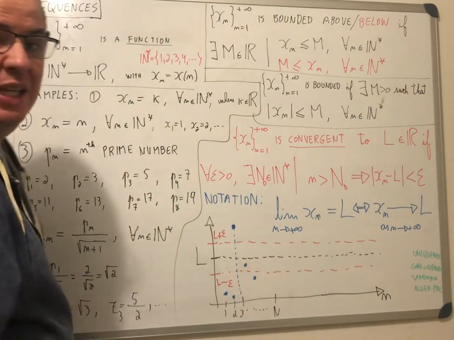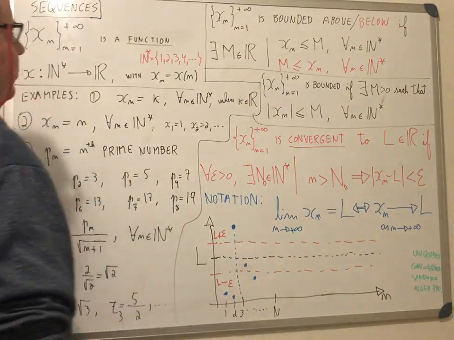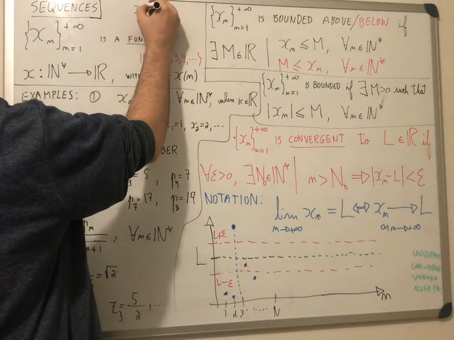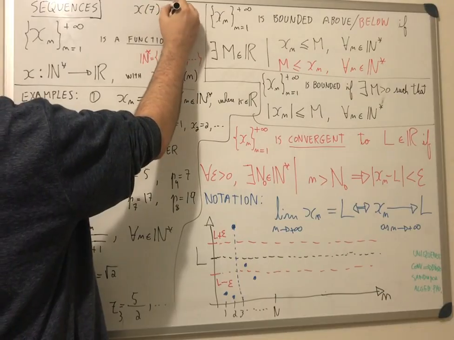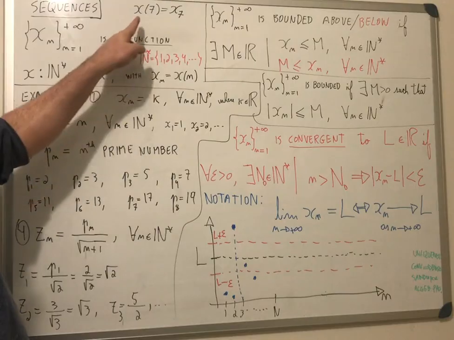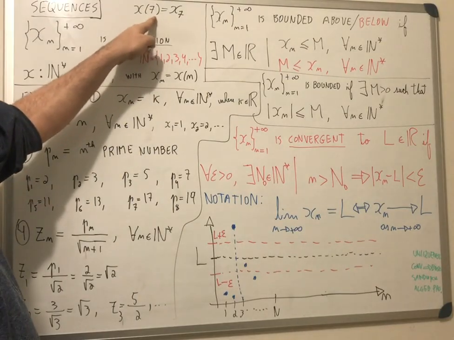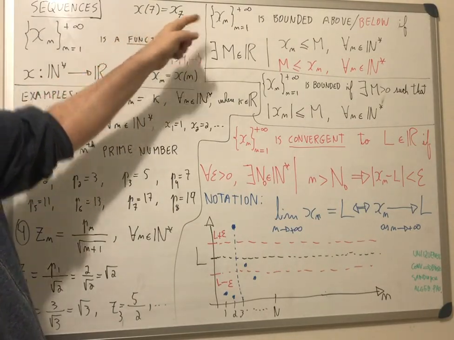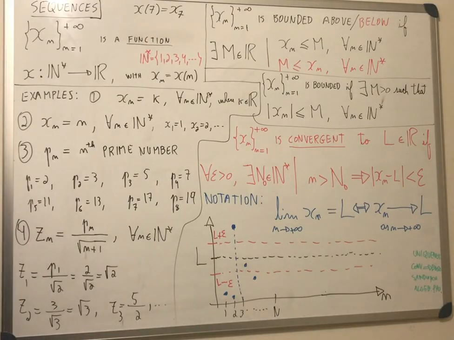So the n becomes an index, okay? Instead of writing x(7), we write x_7 like this. Instead of the functional notation, we use the notation that is typical of sequences.